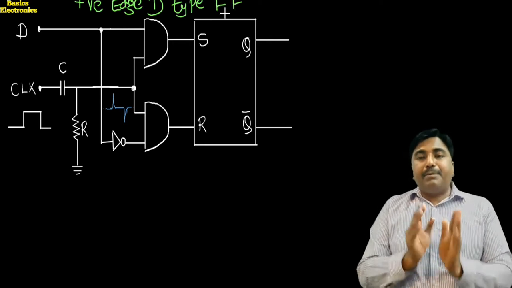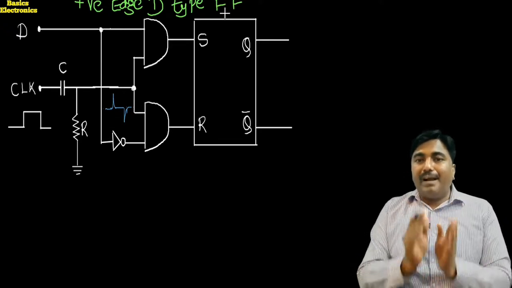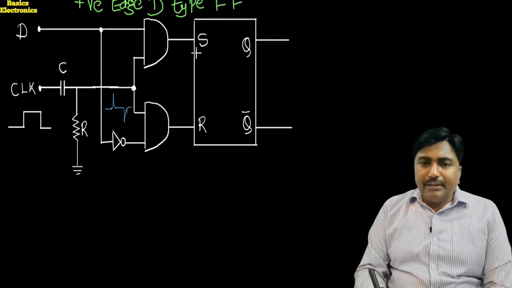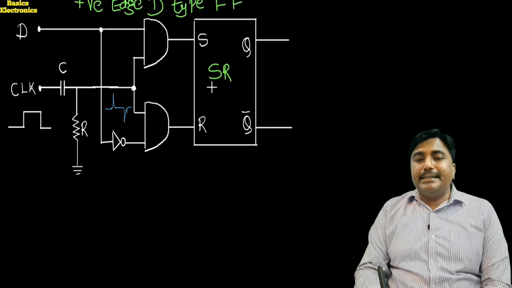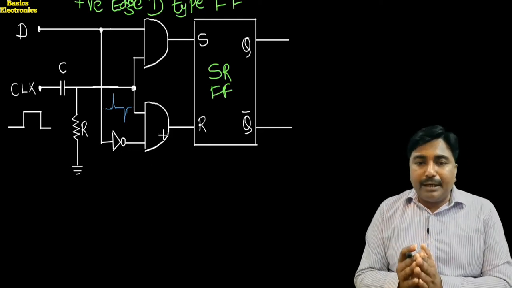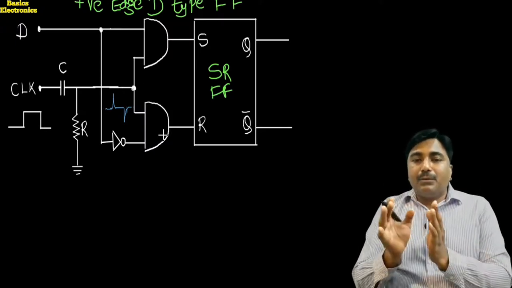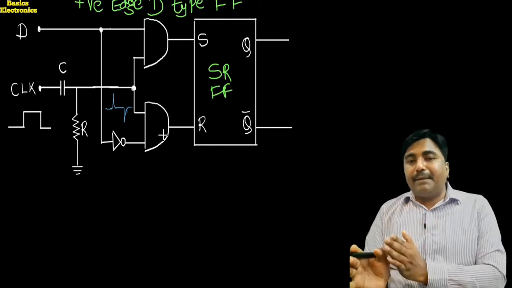Okay. Now we apply the input and see what output we get and when we get the output. Now the flip-flop we are using is simply the SR flip-flop or the RS flip-flop. The main flip-flop we are using, and we connect some external circuitry to convert the main RS flip-flop into the D-type flip-flop.